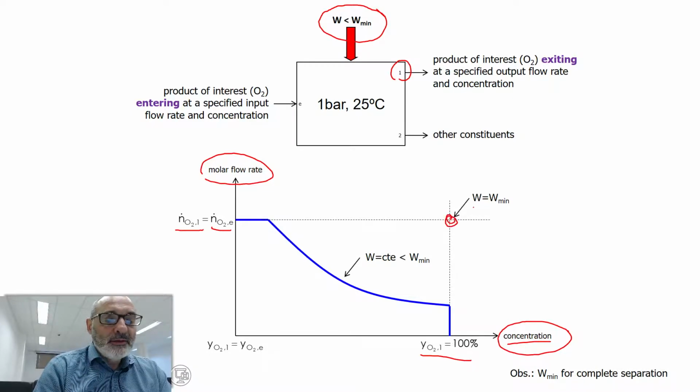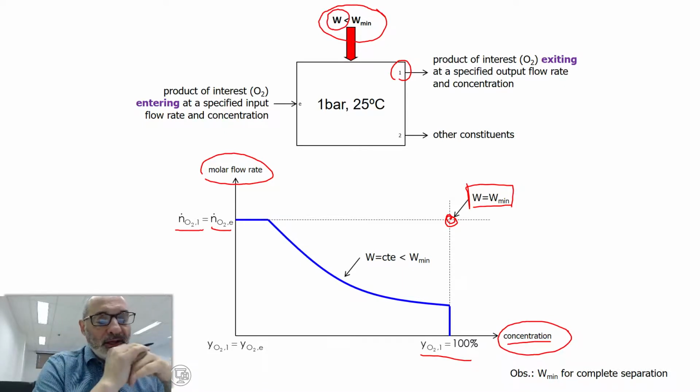But now I'm not going to inject this amount of work. I'm going to inject a quantity that is smaller, okay? So what I could get is, instead of 100%, I could get 99, 98%.